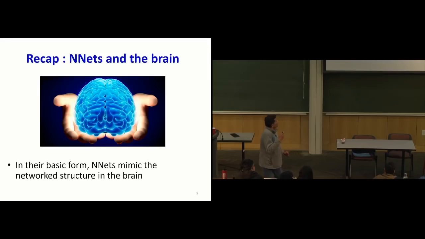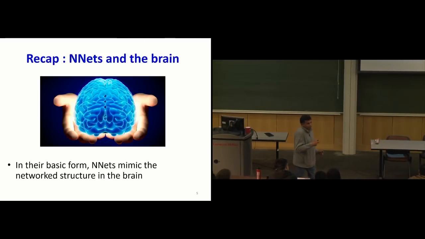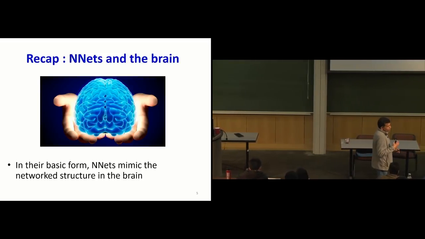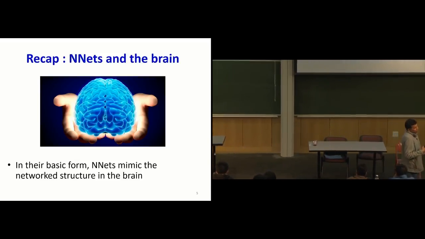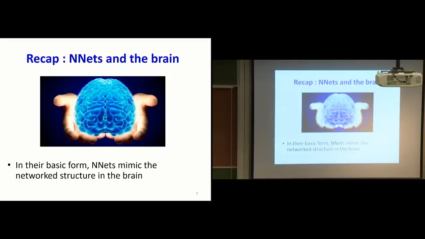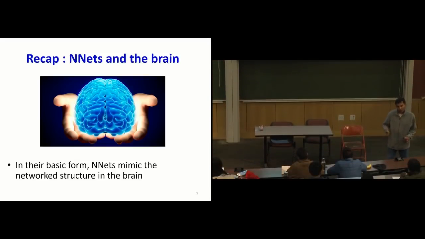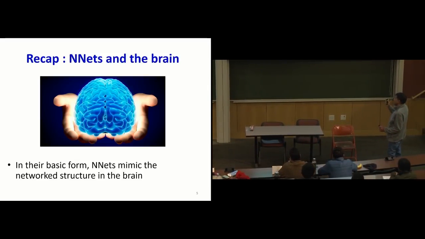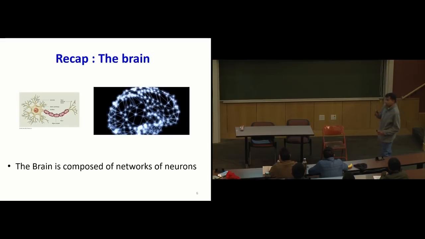So when we begin building neural networks, the original intention was to somehow try to emulate the structure of the brain, because obviously the brain is able to do it. Now, if you look into the brain, here's what the brain has. It has billions and billions of neurons, all of which are connected in one gigantic network.